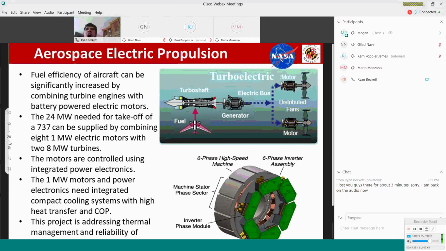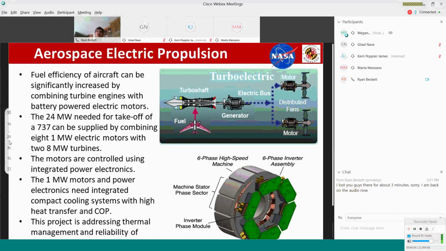And we're actually looking at doing this for a 737 size aircraft in which you would use 8 2.5 megawatt motors together to provide all the thrust necessary to lift 137 people up into the air. So we're talking about a fairly large size plane, all done with electric power, all done with electric motors, and the idea there being that we need to provide the same kind of levels of thrust with electric motors that we're now able to do with jet engines.